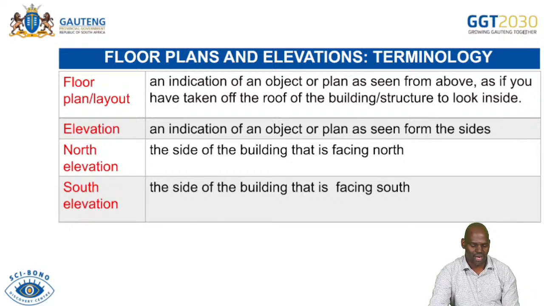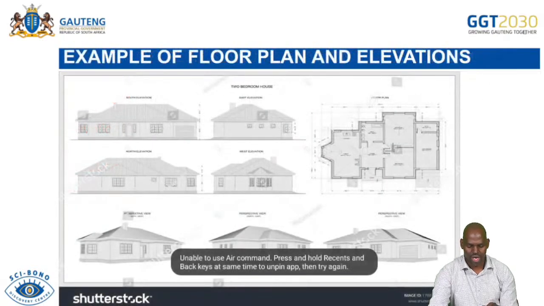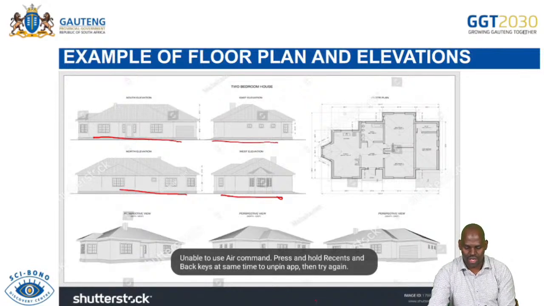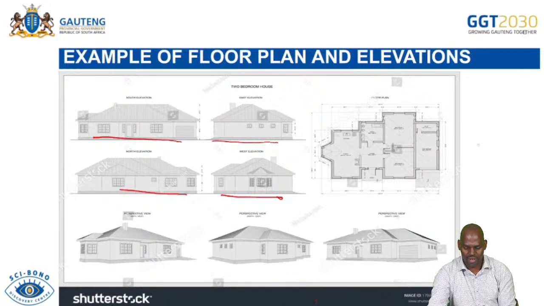Now, what do we mean by floor plan or floor layout? A floor plan is an indication of an object or plan as seen from above, as if you have taken off the roof of the building structure to look inside. If I take you back to the picture, this is a floor plan.